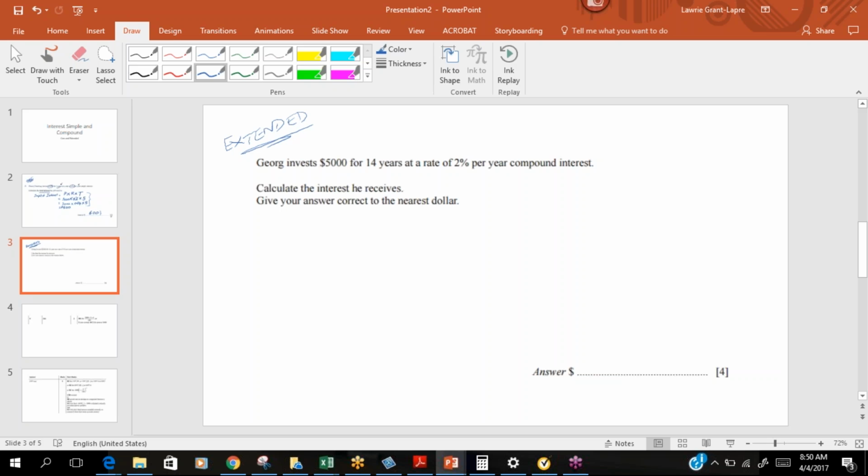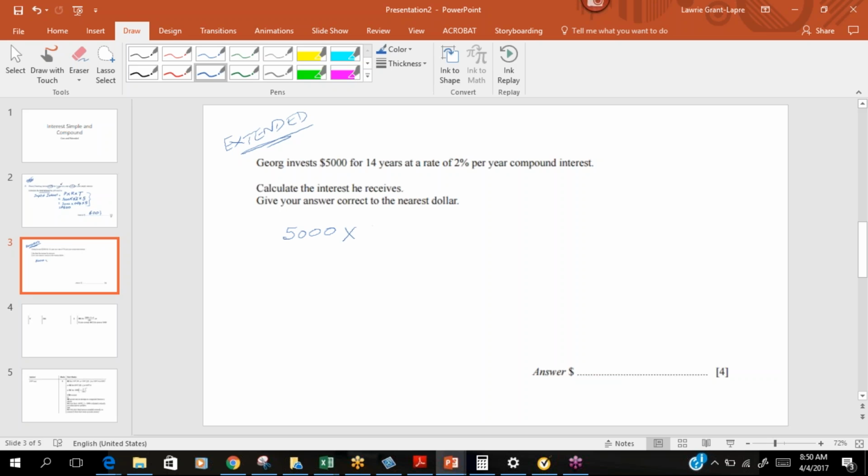George invests $5,000 for 14 years at a rate of 2% per year. Now, you don't really need a formula, but you can use one, because what's happening here is George is going to earn 2% every year.